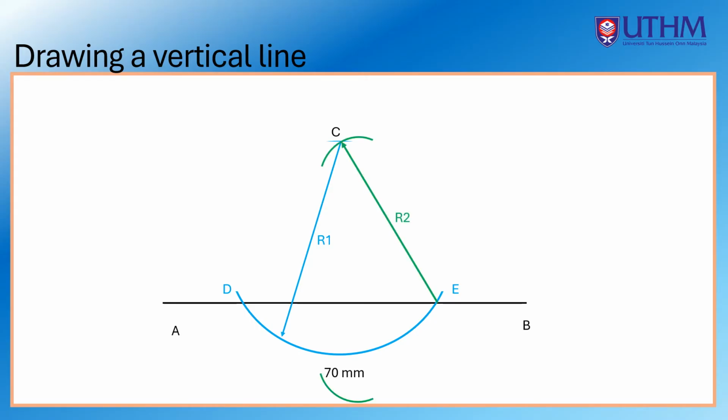From point E, the same curve is created above and below line AB that intersect the curve from point D. Now make a line from point C to these two intersections. Now you have a vertical line.